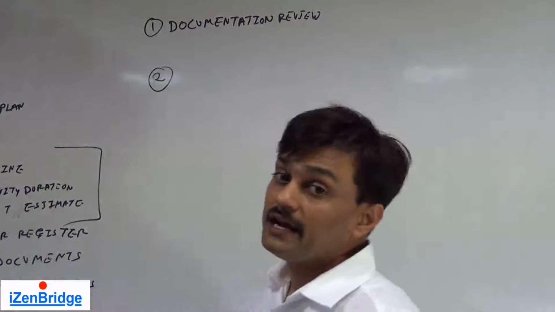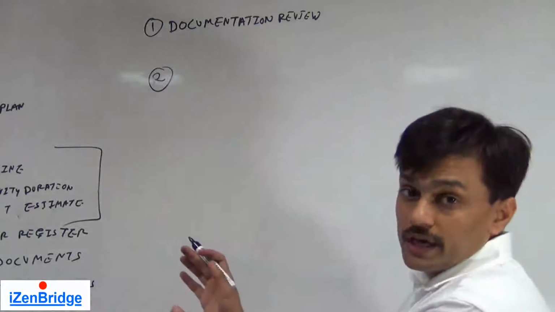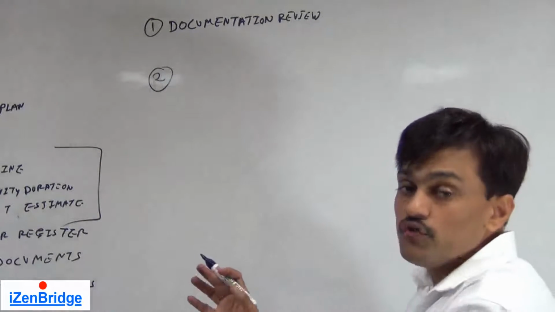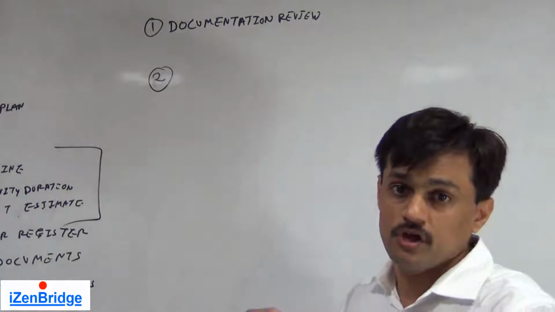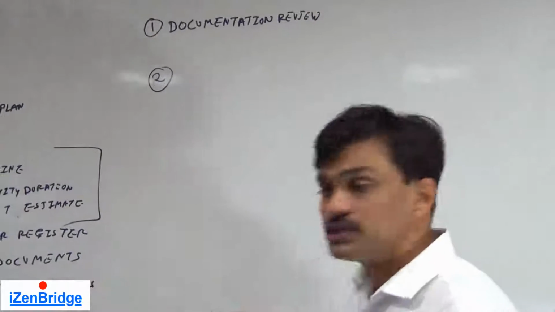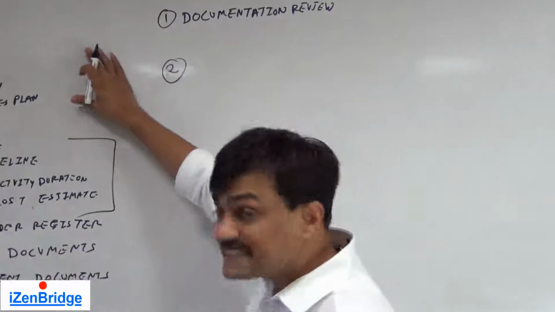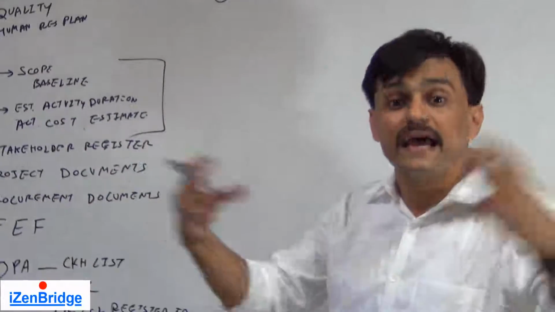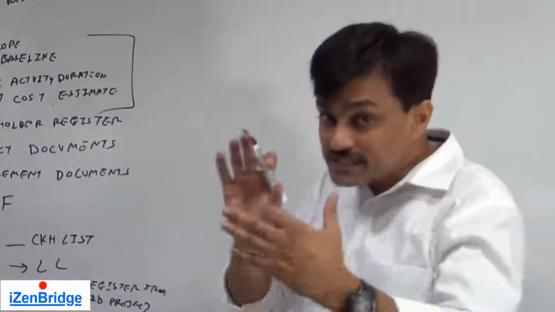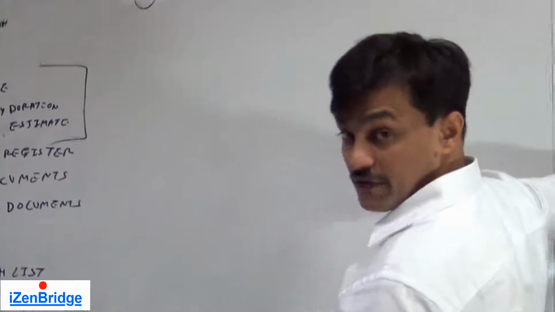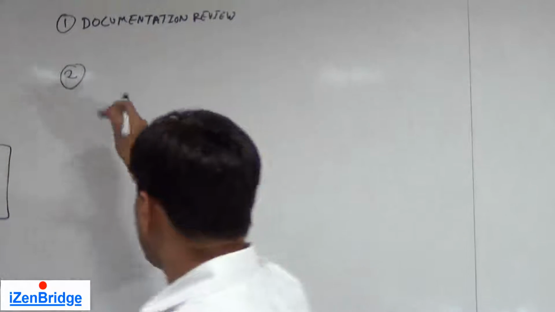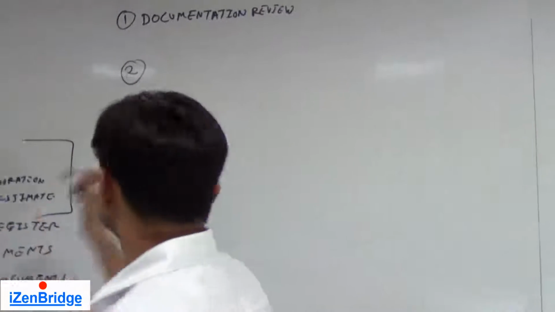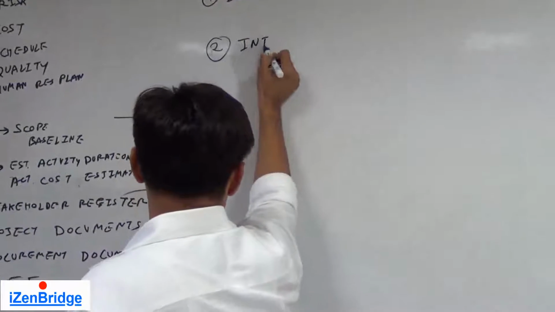Since we cannot identify risk just by looking at documents, we also need to gather information. So we need to talk to stakeholders, we need to talk to the project team members, we need to talk to the sponsor and try to gather information which can help us in identifying risk. So information gathering is another tool and technique.